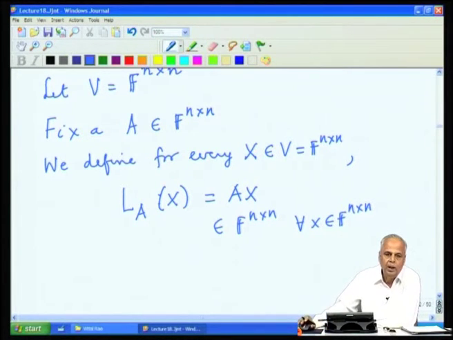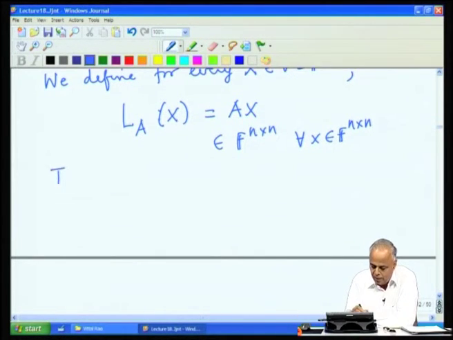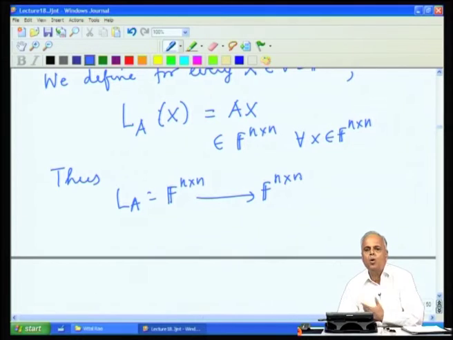And therefore, L_A converts an n by n matrix into another n by n matrix, and therefore L_A definitely is a transformation from F^(n×n) to F^(n×n). In other words, it encodes an n by n matrix by another n by n matrix. So, this is the hashing operation or the encoding operation.